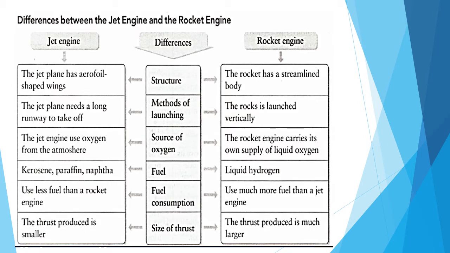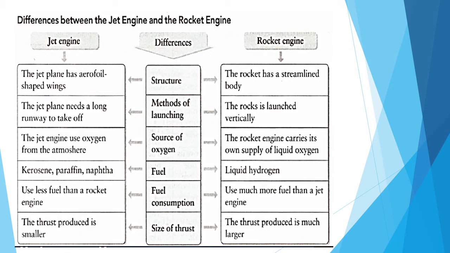Okay, now we learn about the differences between the jet engine and the rocket engine. So now we have six differences between rocket engine and jet engine. Okay, first is the structure. The jet plane has aerofoil shaped wings. Okay, they have wings, right?